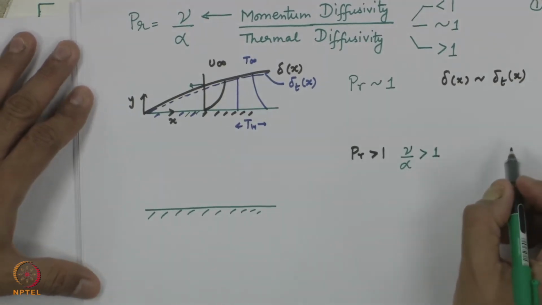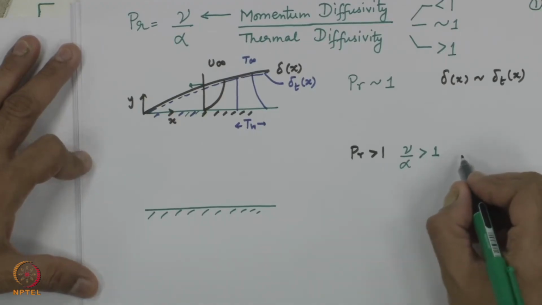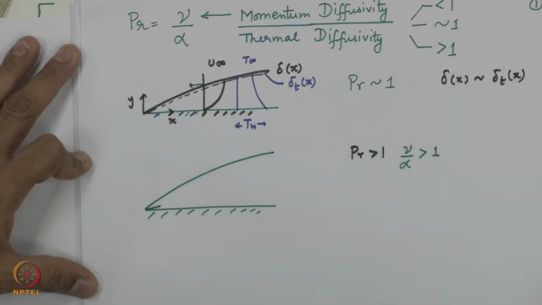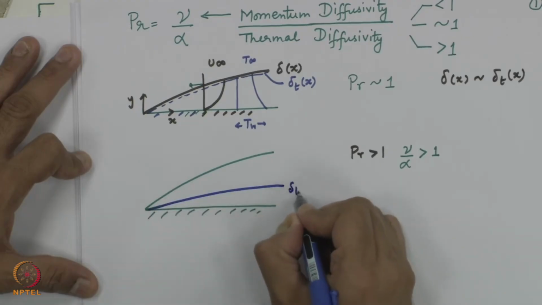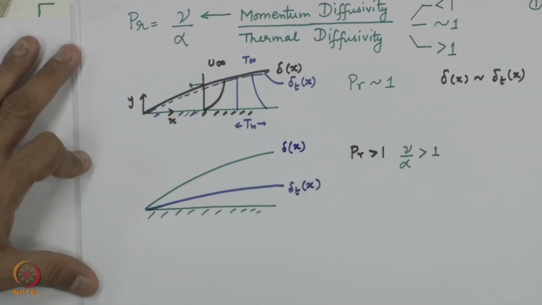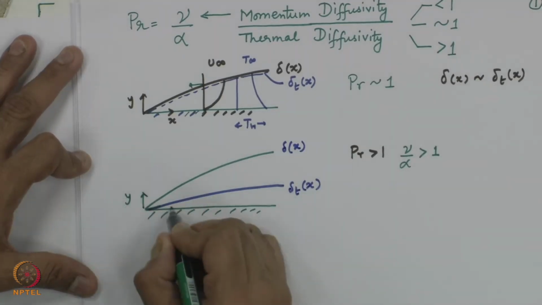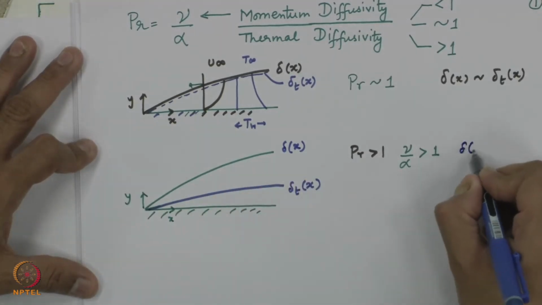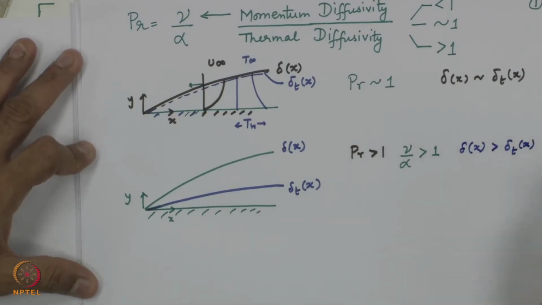That means the fluid would transport momentum much farther away as opposed to transfer of heat. So, this is my y, this is my x, and what you are going to see is delta of x is going to be greater than delta t of x.